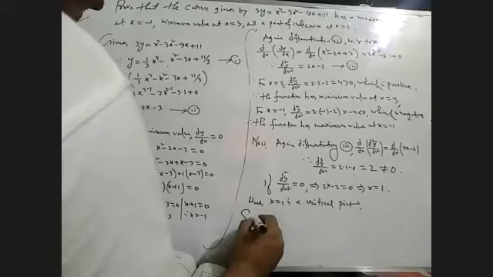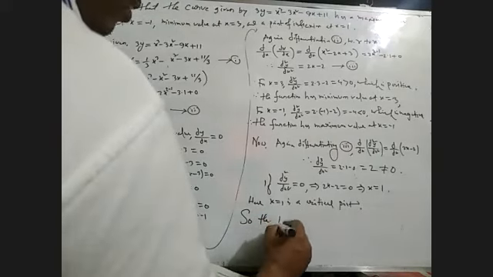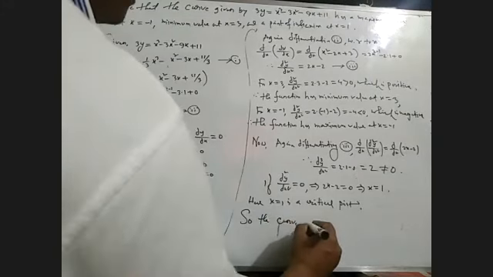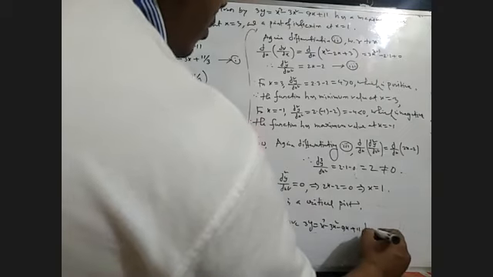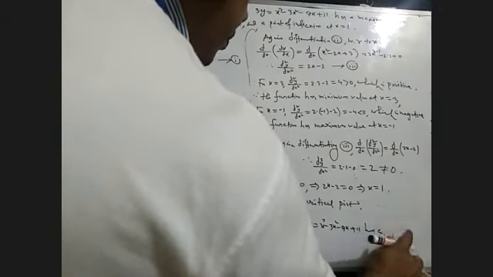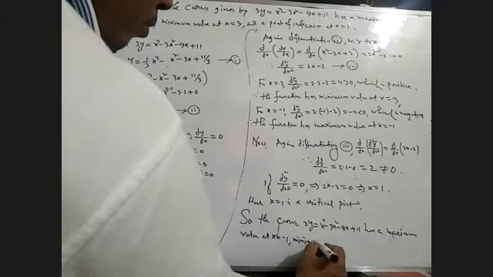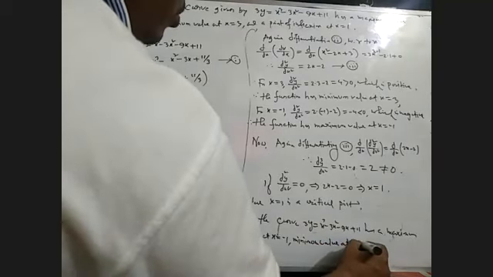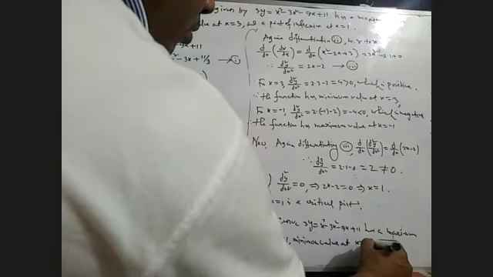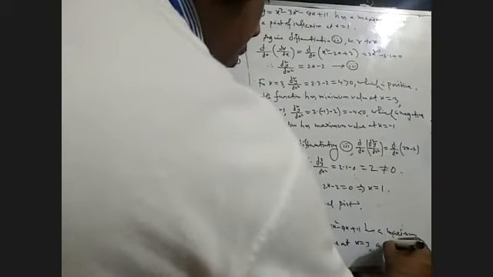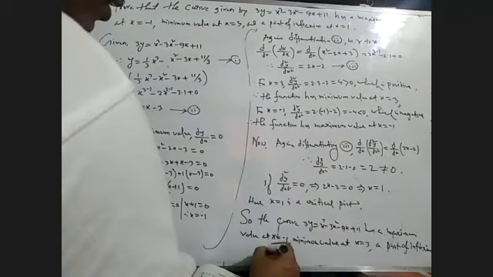So the given curve 3y equals x cubed minus 3x squared minus 9x plus 11 has a maximum value at x equals minus 1, a minimum value at x equals 3, and a point of inflection at x equals 1.